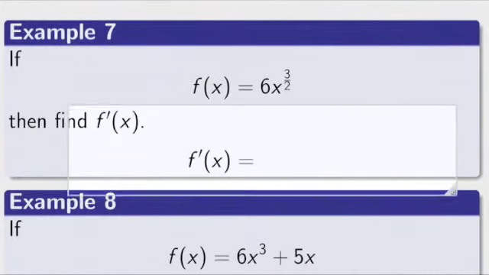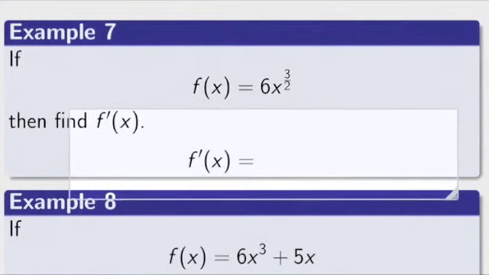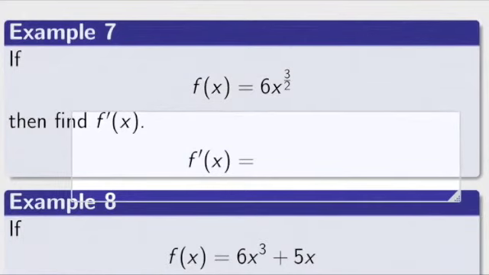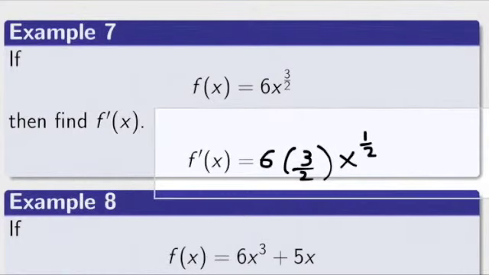So we need to differentiate the right hand side with respect to x. So it is 6, we drop the index to the front, so times 3 on 2, x, we subtract 1 from the index, so 3 on 2 minus 1 is a half. So we can simplify the expression as 9x raised to the power half.